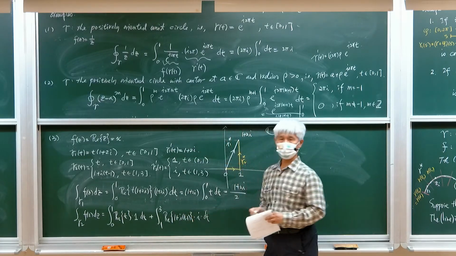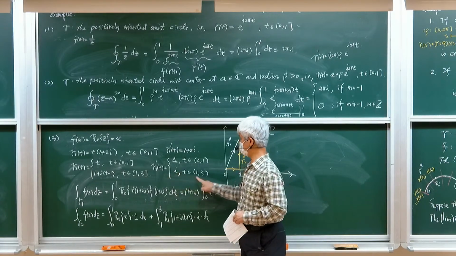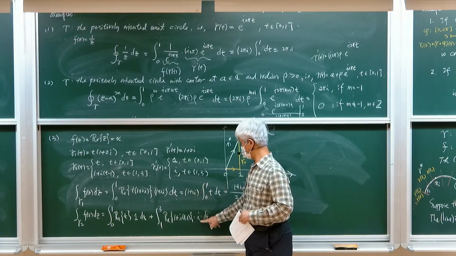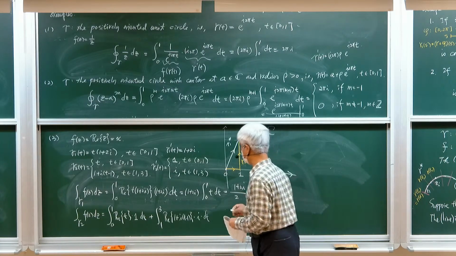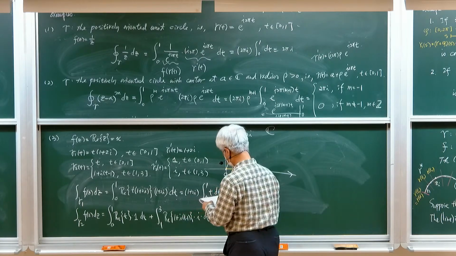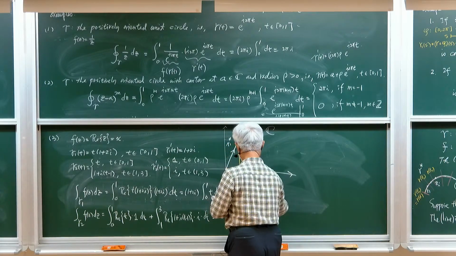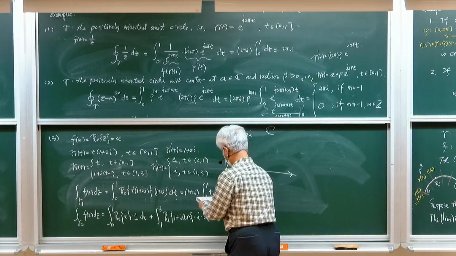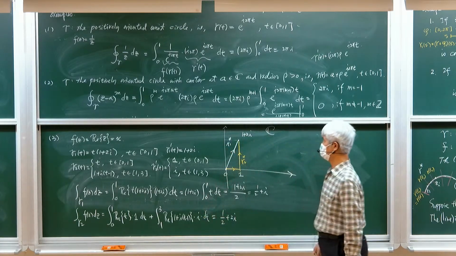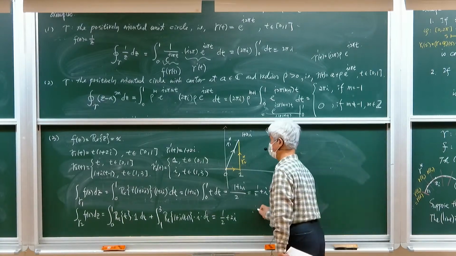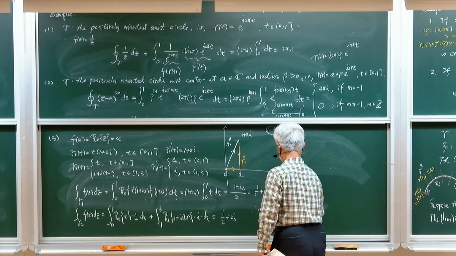All right, because the derivative in this piece is equal to i. And when you evaluate that, you will find this is equal to 1/2 plus i, and here this is 1/2 plus 2i. All right, so that is not equal.